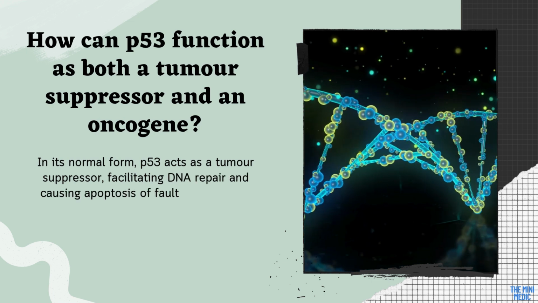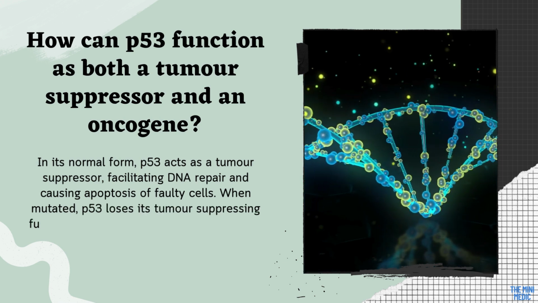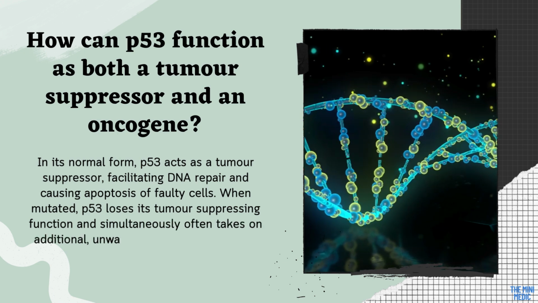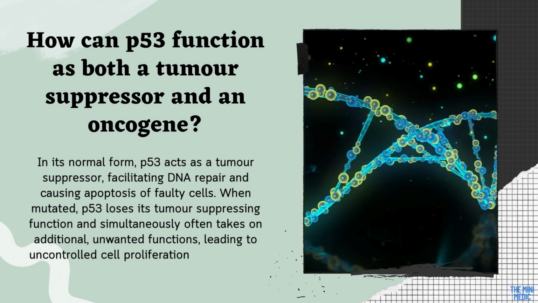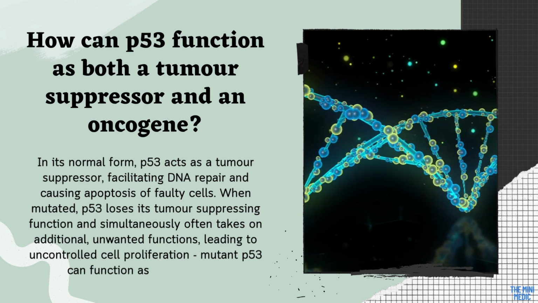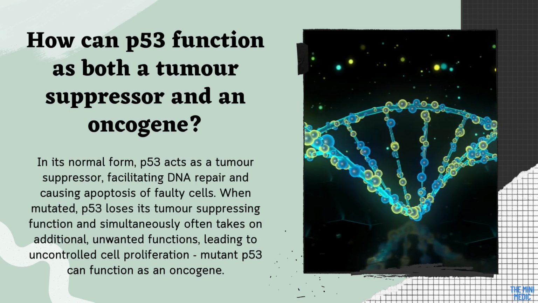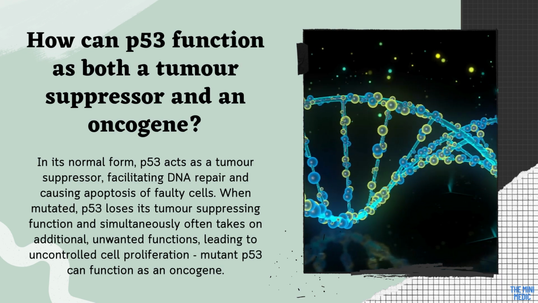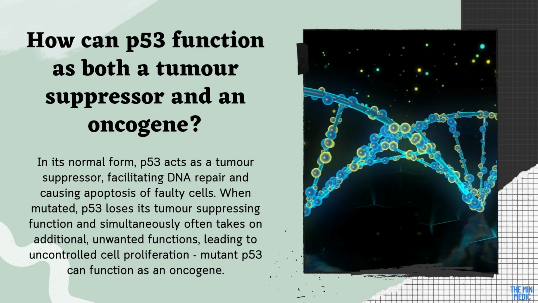However, at the same time, mutations in p53 can equip the protein with additional oncogenic functions. So essentially, this is a double-barreled pistol. Inactivation of p53 through a mutation leads to a reduced ability to suppress tumors, and at the same time, mutations in p53 can lead to additional functions that enable tumor proliferation.